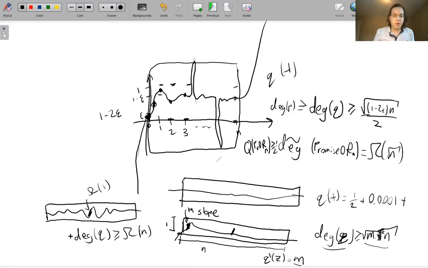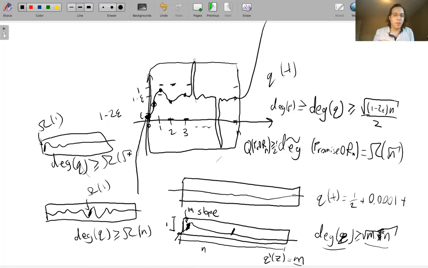Whereas if the slope of omega 1 was near the boundary of the box, then the degree of the polynomial would be only omega root n.